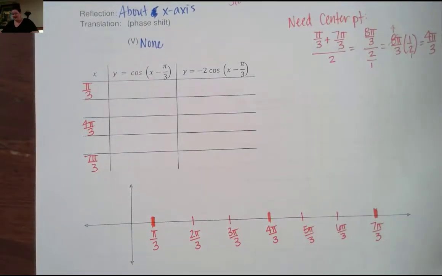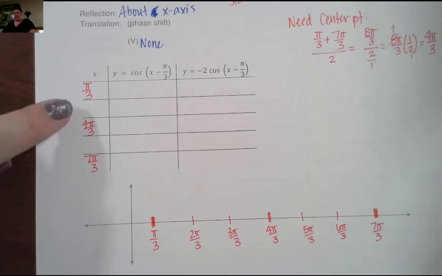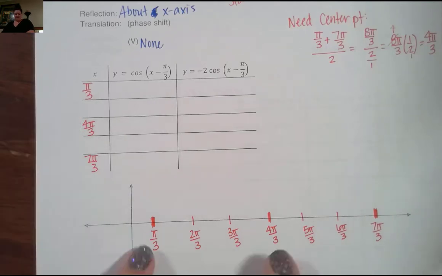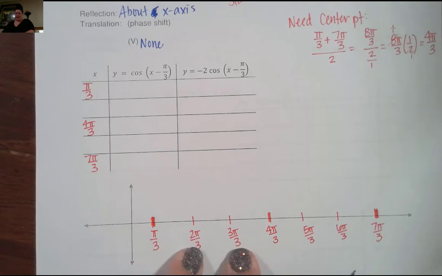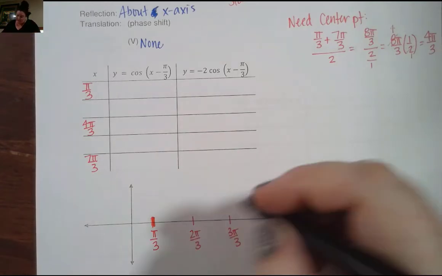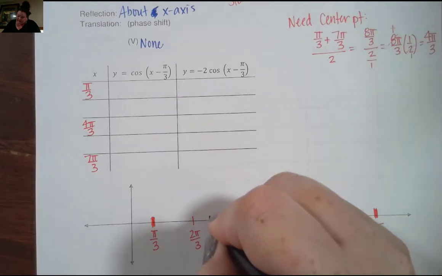All right. So now we need to find the absolute center of our little points, right? So now notice, if I start here at pi over 3 and 4 pi over 3, and I come in 1, that puts me at 2 pi over 3 and 3 pi over 3, but I need the absolute center. So the absolute center of these points is going to fall right here, right?